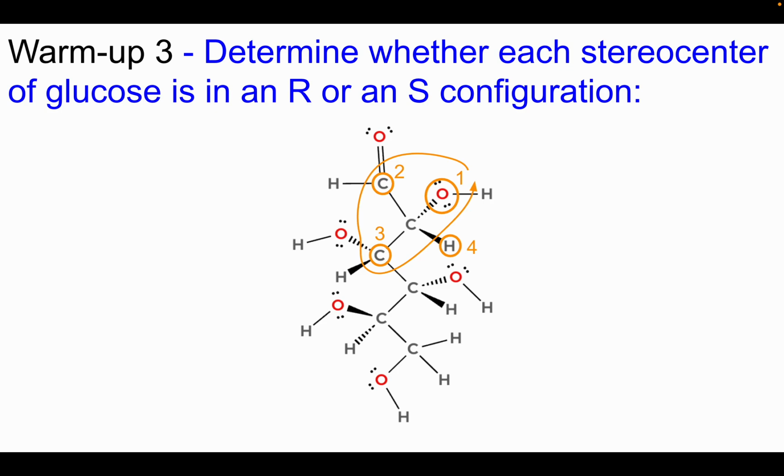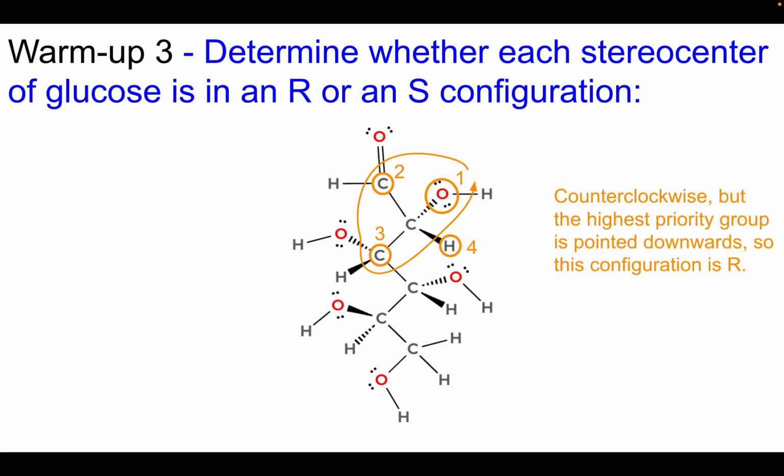And so then if we draw the direction around atoms 1, 2, and 3 of the rotation from 1 to 2 to 3, we can see that our arrow is going counterclockwise. But since our highest priority group is pointed downwards, that essentially means that we're looking at this molecule from the bottom.